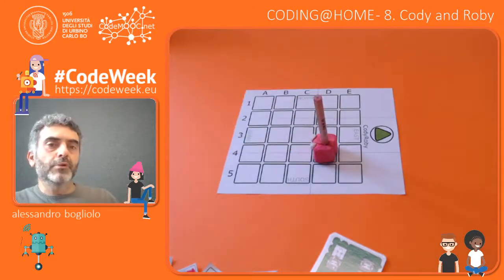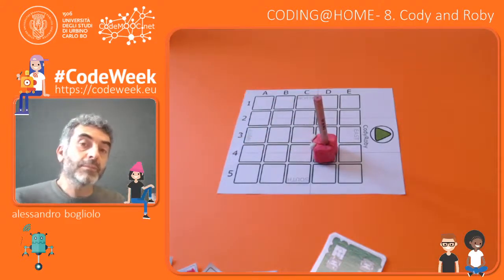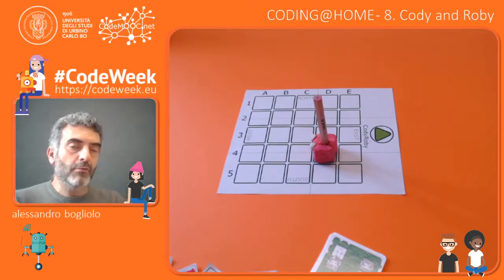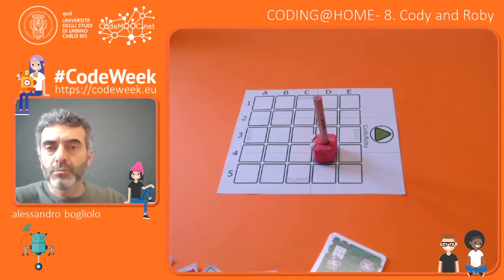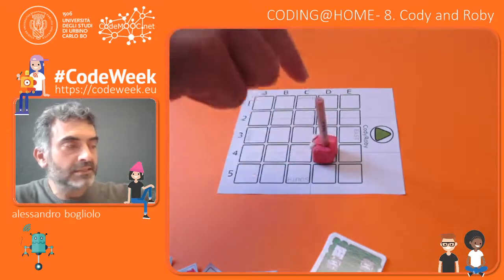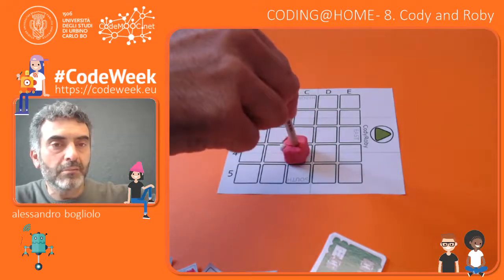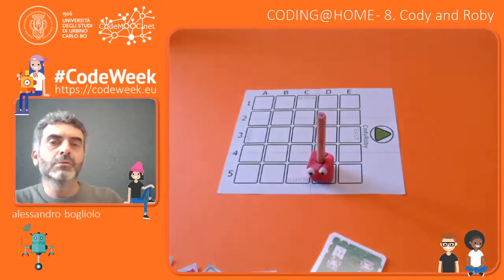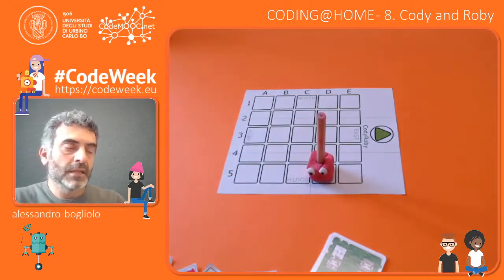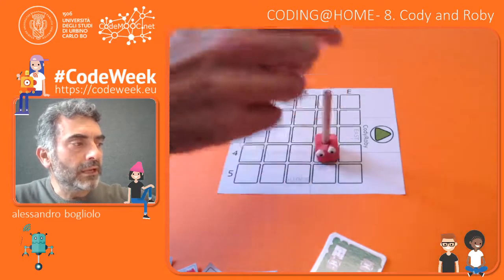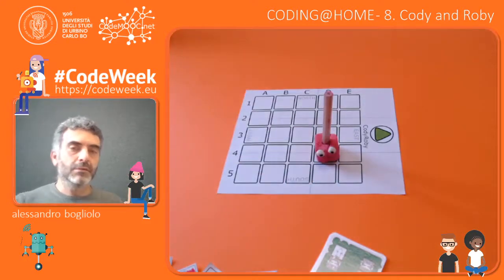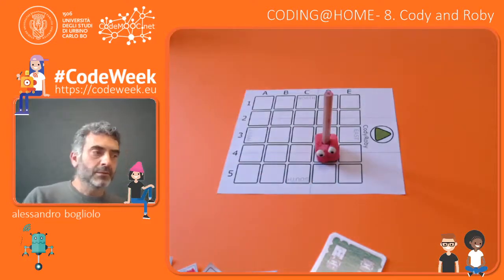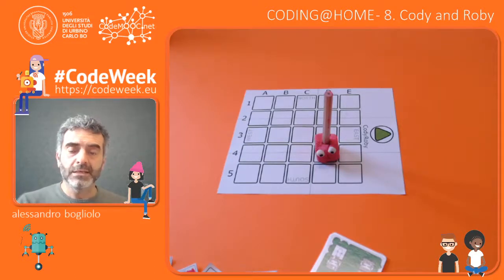And this is very important because this is the starting point, for instance, of a robot. And if I tell the robot to move forward, then starting from here, the robot will move here. Starting from here, it will go to another box. So also knowing to which side the robot is oriented is very important.